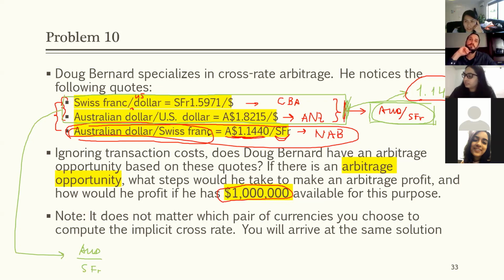Do you see why we need to do the cross rate calculation? We want to find if there is any mispricing. I'm just going to write that down on the whiteboard.